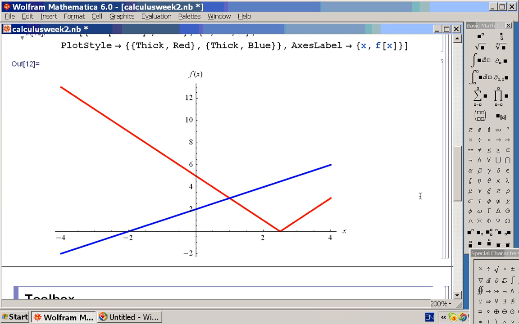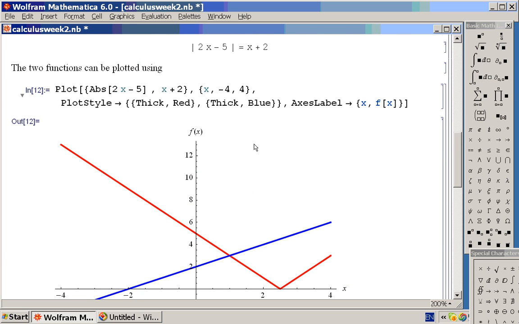Well, what can we discern from that? This equality will be satisfied by the points where these two curves cross.